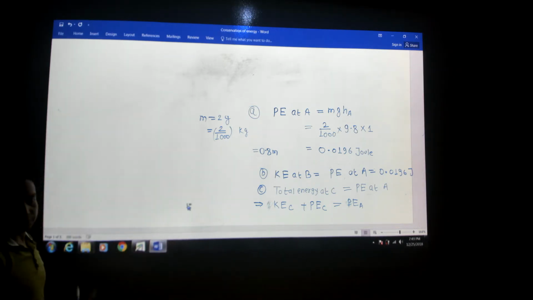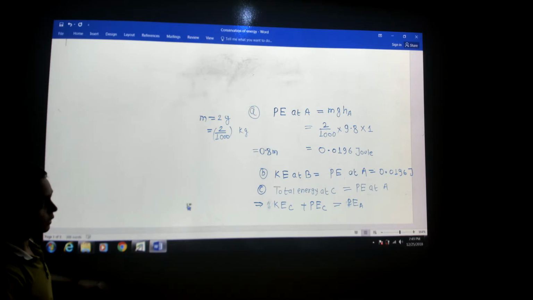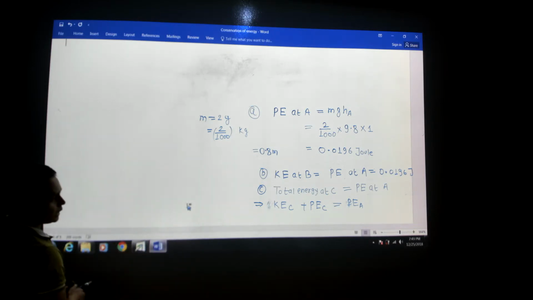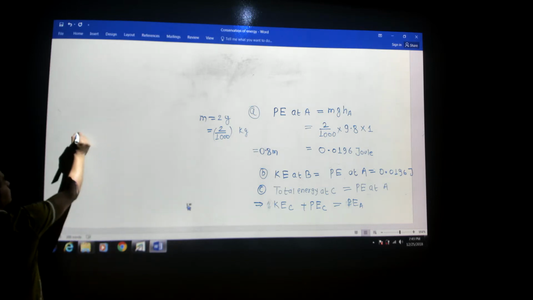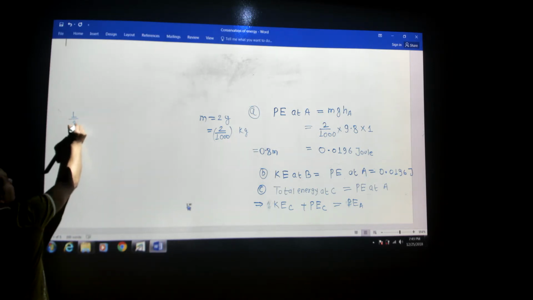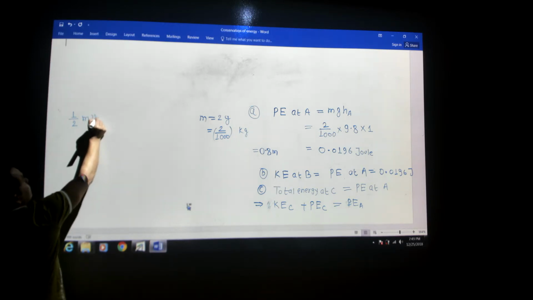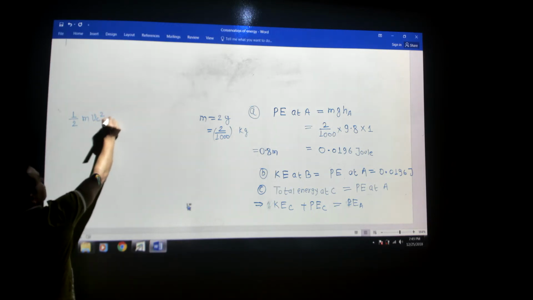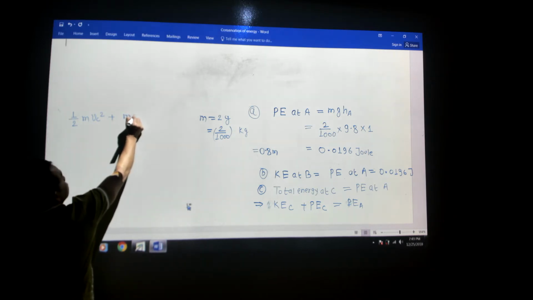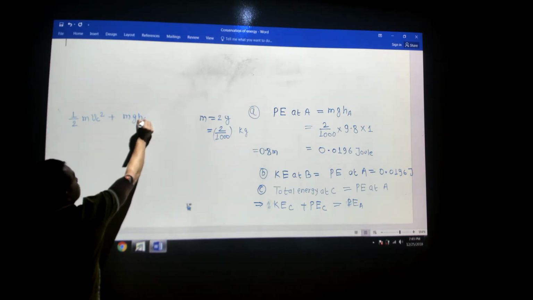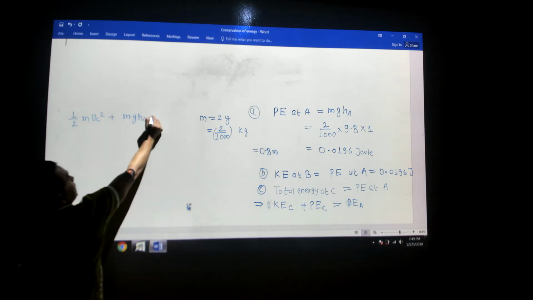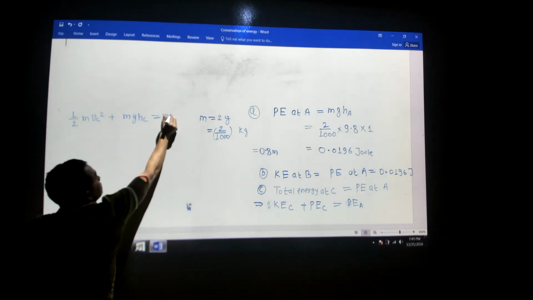Okay, let's continue here. Let's go back here. So what is the kinetic energy? The kinetic energy is equal to half m vc squared, and the potential energy is mg times hc, and the potential energy at point A is equal to mgha.